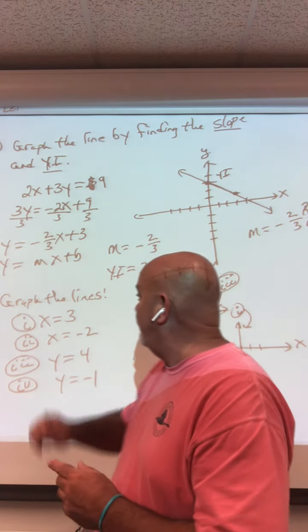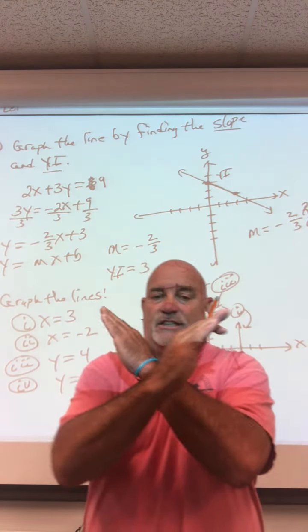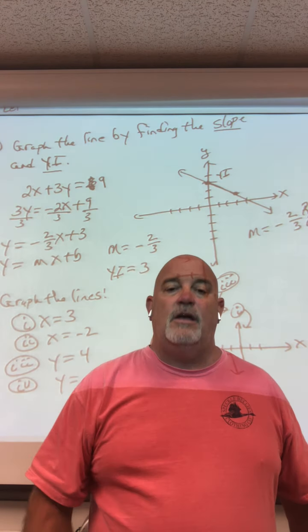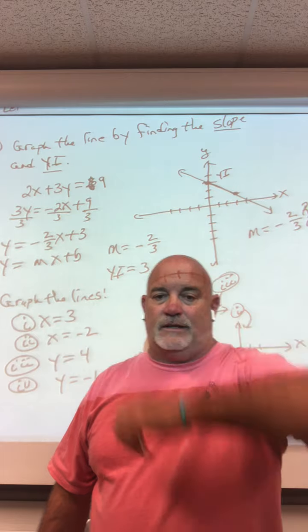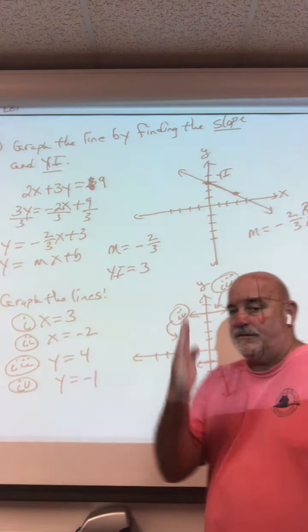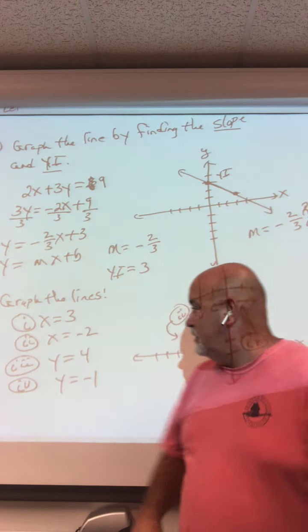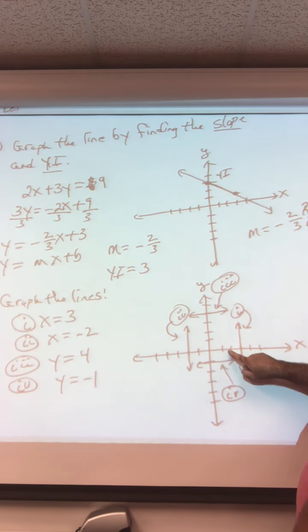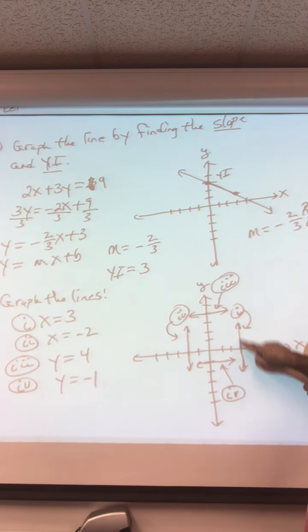But remember, if you're graphing a line that has just an X in it, it's a vertical line, always. Just a Y, it looks like this. So if you graph X equal 3, it's going to look like this. So to graph this, you go over to where X is 3, 1, 2, 3, and draw a vertical line.